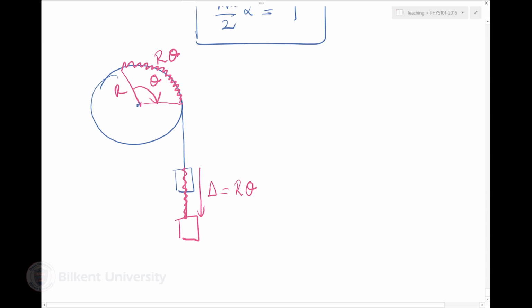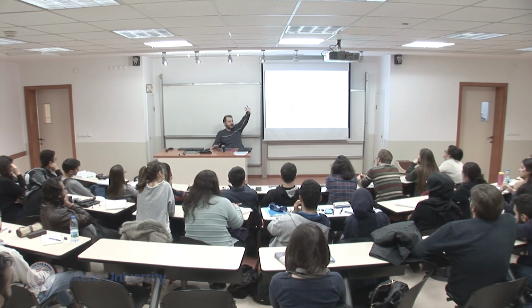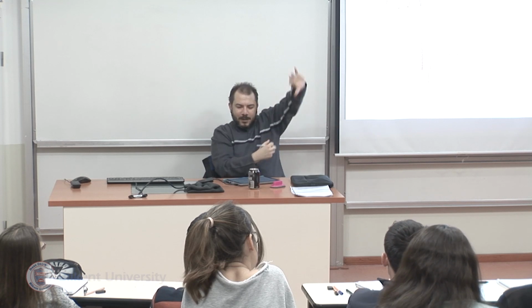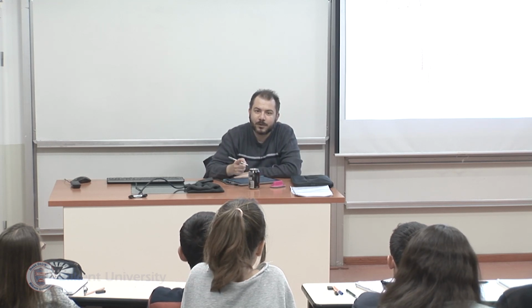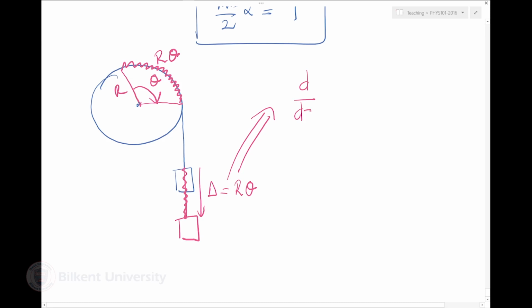Is everyone following me? Should I repeat the argument? If I rotate the disk by theta, the mass goes down by r times theta. Question? Yes, because the rope is not slipping or extending, right? So if I take a time derivative, r is a constant, so that must be a time derivative of theta.